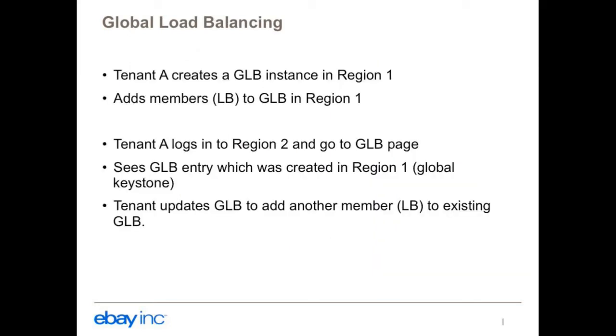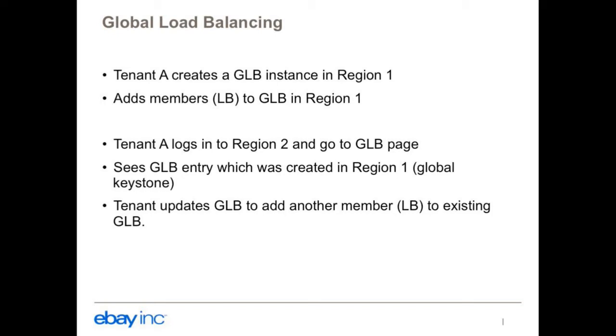So how we integrated this with C3, with our cloud is, when a tenant goes into the cloud UI, they can only see everything which is in that region. They cannot see anything outside that region.